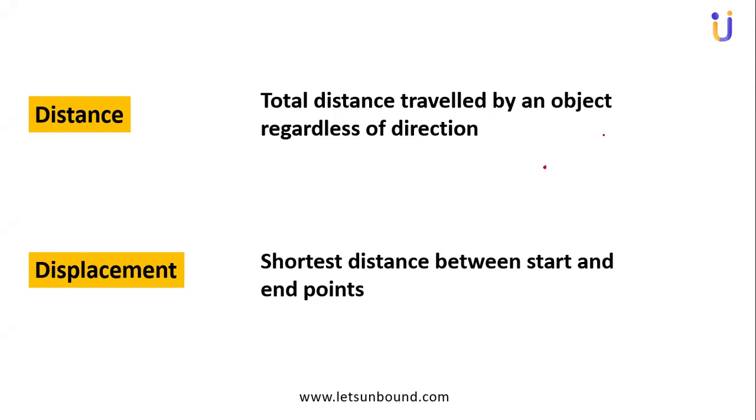So if you are starting here and going here, we can move like this, and the distance traveled, we can say, is 50 kilometers. But displacement is where you are here, and then you travel this much. The direct distance, the shortest distance between the start and end points, is what displacement is. So they have a huge difference.